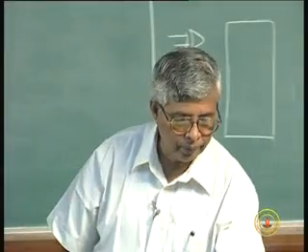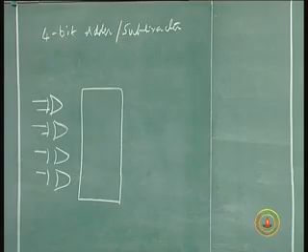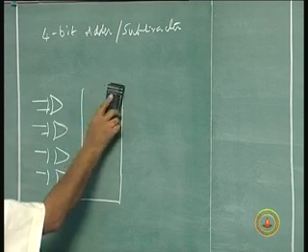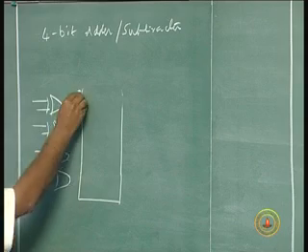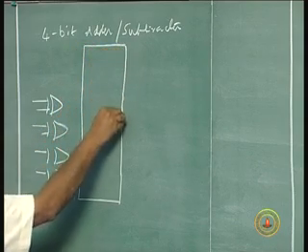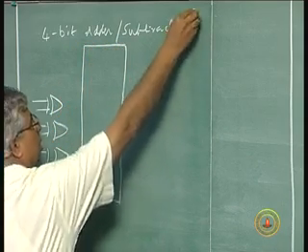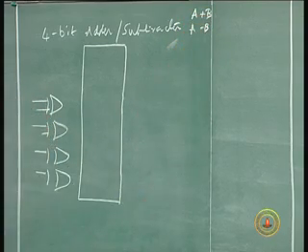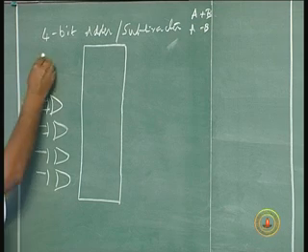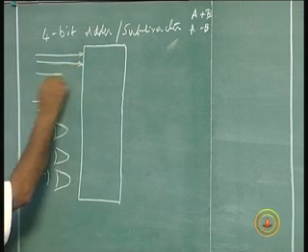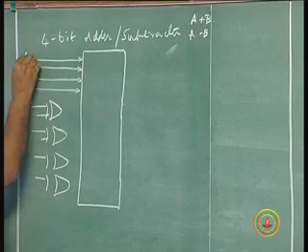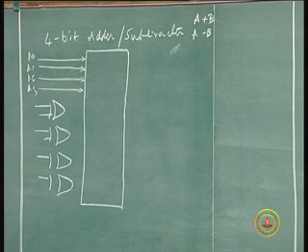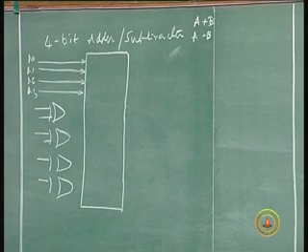these are the numbers to be added. I will have to write a little bigger than this. A's and B's. So, we want A plus B or A minus B. A will be directly given A0, A1, A2, A3, A3 being the sign bit of number A, which can be positive or negative.